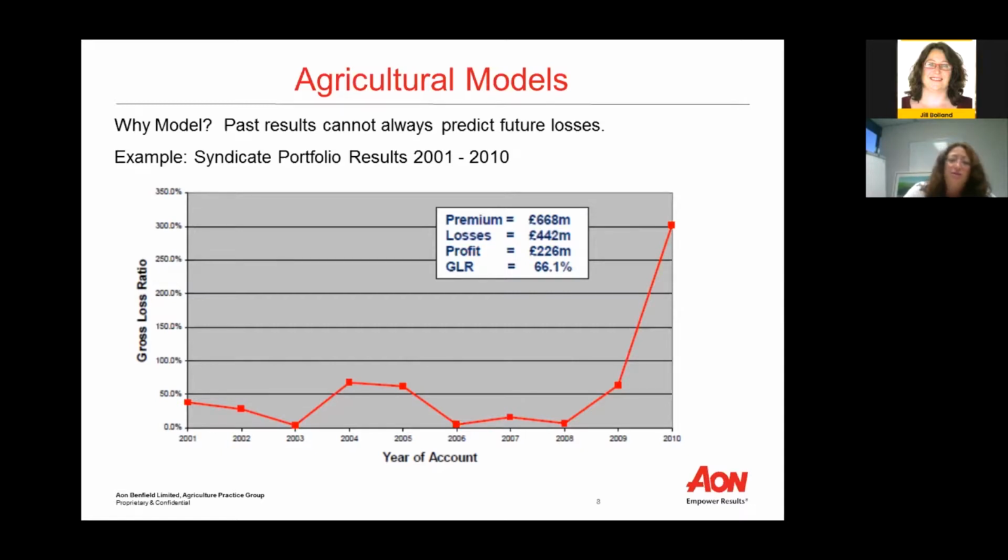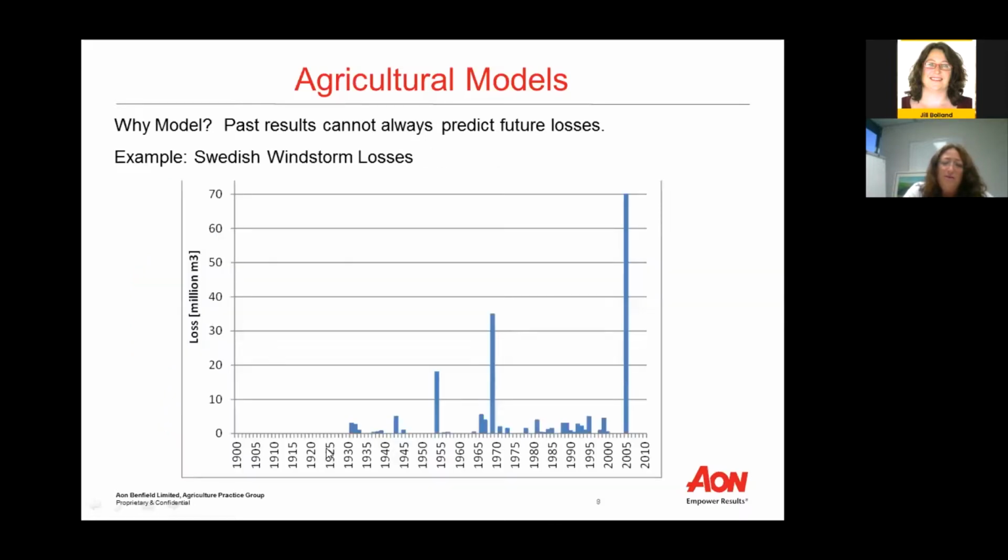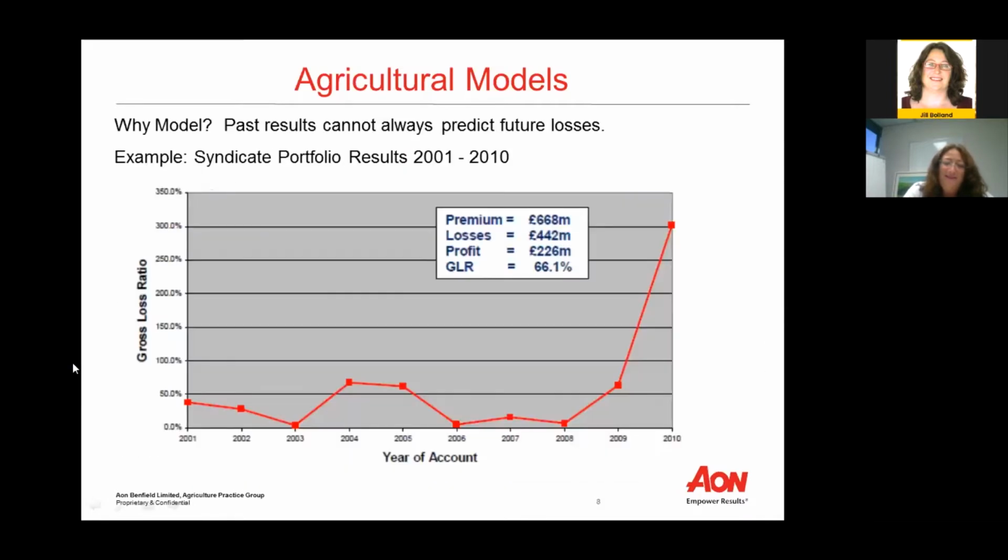And this just shows a syndicate which writes agricultural business. From 2001 to 2008 or 9, there were very low loss ratios, 50-60% was the highest. Obviously, everyone's making money, and then in 2010 there's a big loss event and a 300% loss ratio.